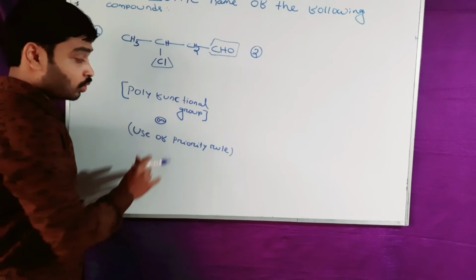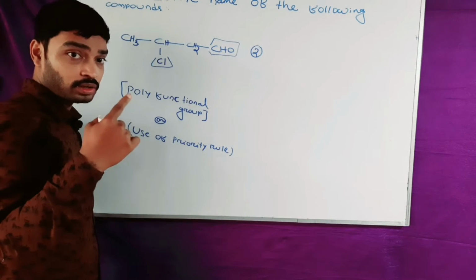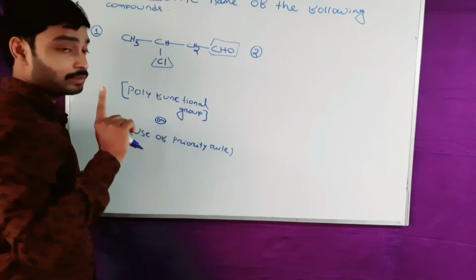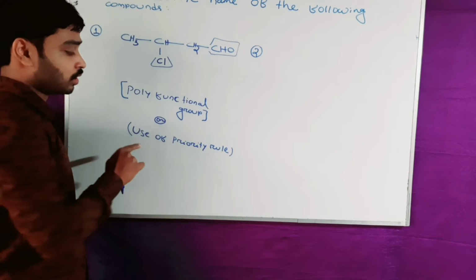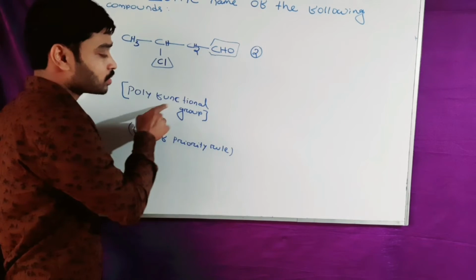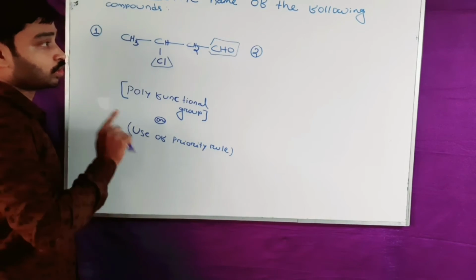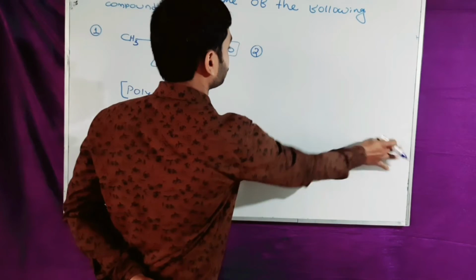That's why we always give priority, or number one position, or minimum number to the senior functional group. After that, we give priority to the junior functional group. That's why I have told it is the use of polyfunctional group type question or priority rule type question. So you should try first. After that I will give you the answer.